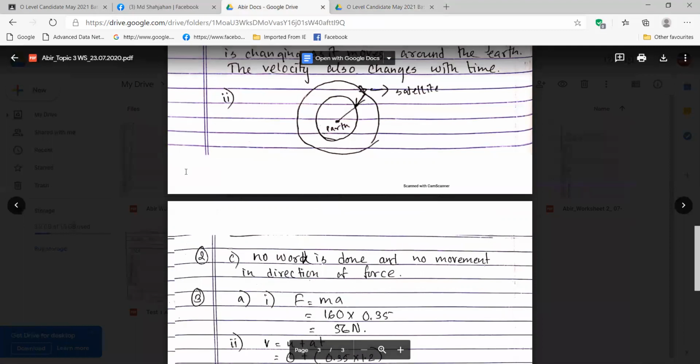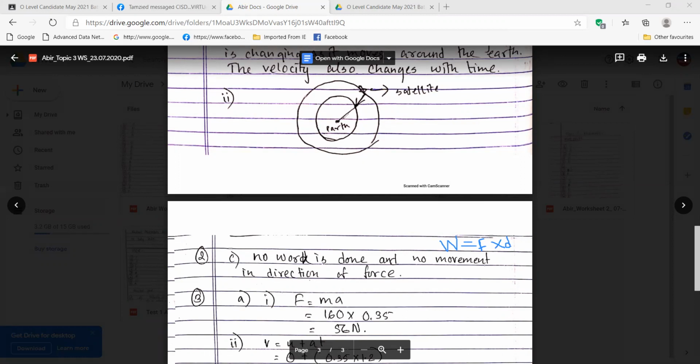That means we have the formula of force. Work done is force into distance moved, right? Yes. And here the satellite is always the same distance from the Earth, right?